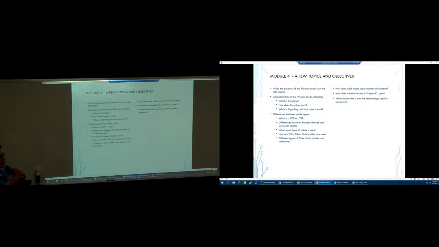What makes it a crossover or a straight through? How you terminate the cable at the end. Okay, so what are the two termination types? What are the standards? T568A and T568B.